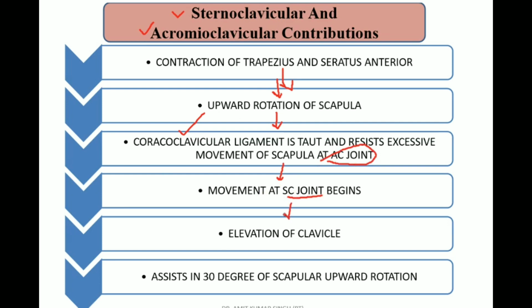Now the SC joint movement starts, so there will be elevation of clavicle. Once there is elevation of clavicle, it will assist in 30 degrees of scapular upward rotation. So we have reached 30 degrees of scapular upward rotation by the contributions of the sternoclavicular and acromioclavicular joints. And we have to reach another 30 degrees to make it 60 degrees, because we came to know that scapulothoracic is going to contribute around 50 to 60 degrees of movement in completing the elevation, and the remaining 120 degrees is contributed by the glenohumeral joint.